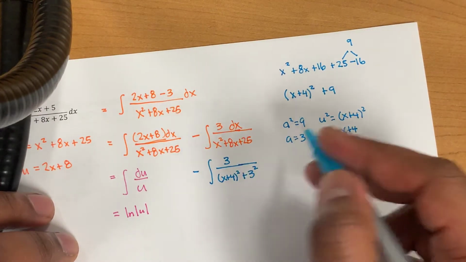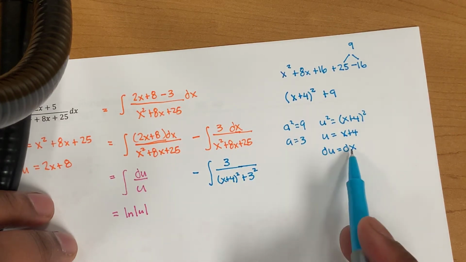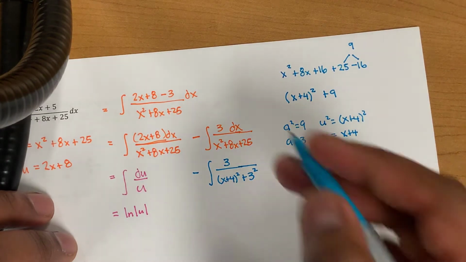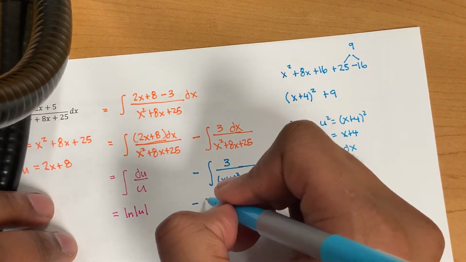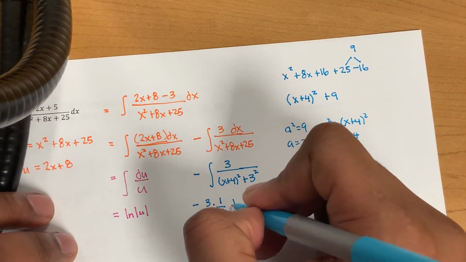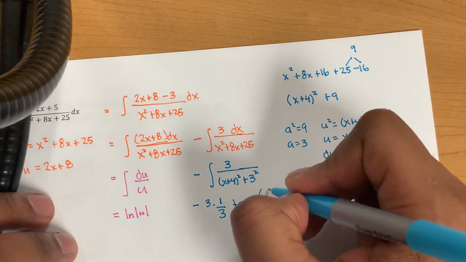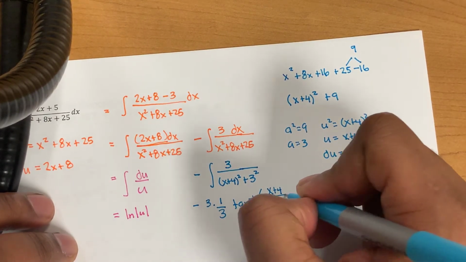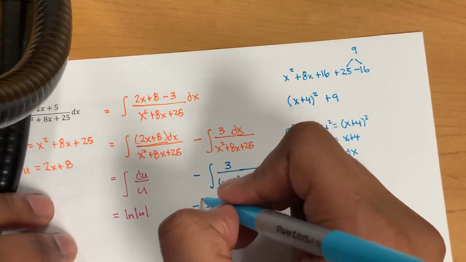We don't actually need to do a replacement because du is exactly equal to dx. So when we rewrite this, we're going to have minus 3 times 1 over a, so 1/3 tangent inverse of u, which is x plus 4, divided by a, which is 3. So the 3 and the negative 3 cancel out.